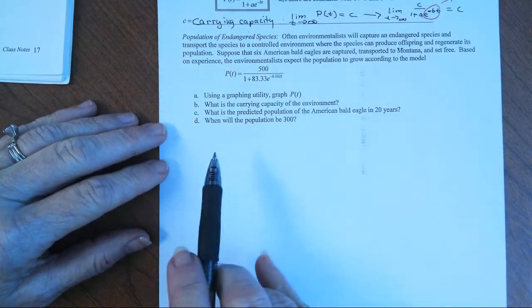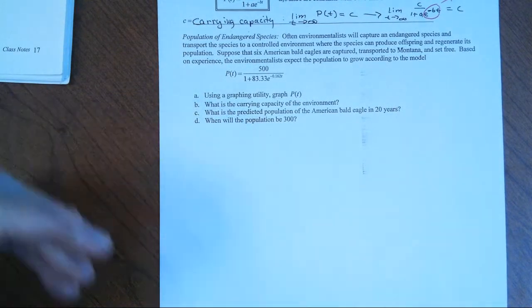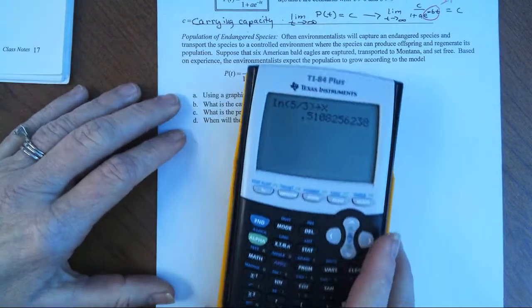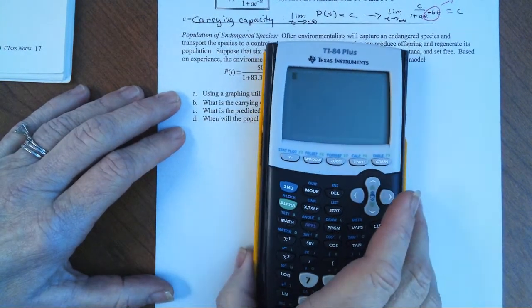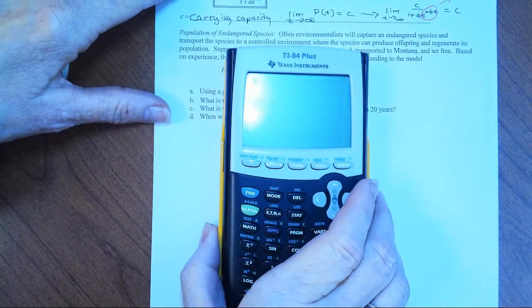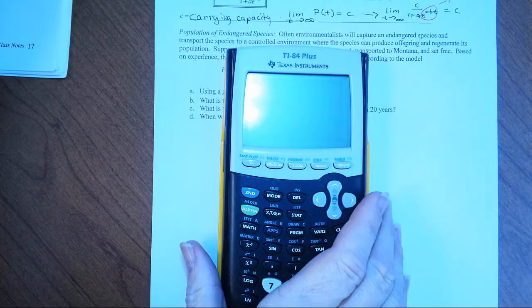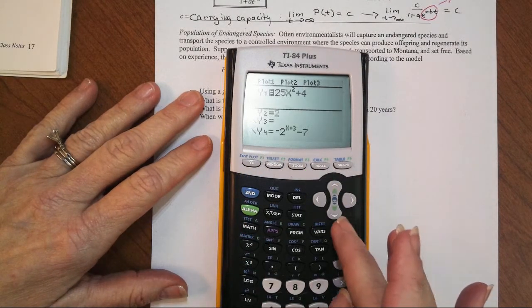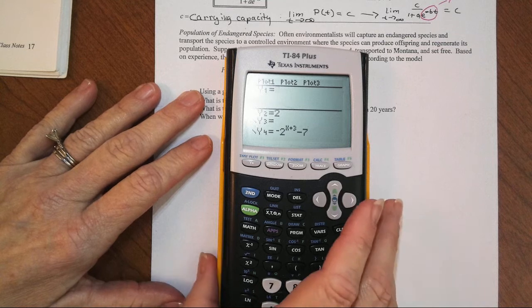So we're going to use a graphing utility, a calculator, to graph this thing. So we'll put it into the calculator. Clear out the first part.